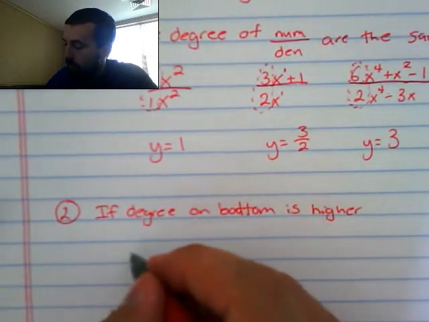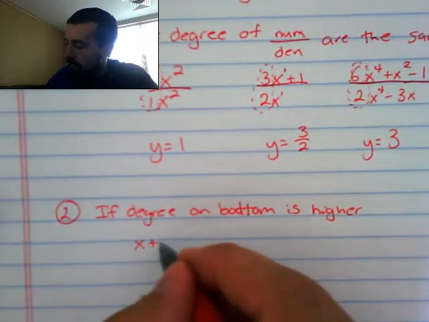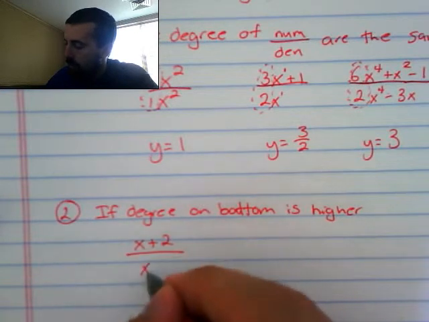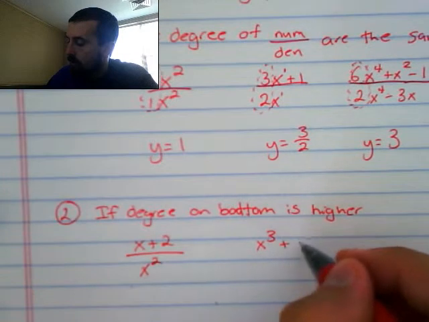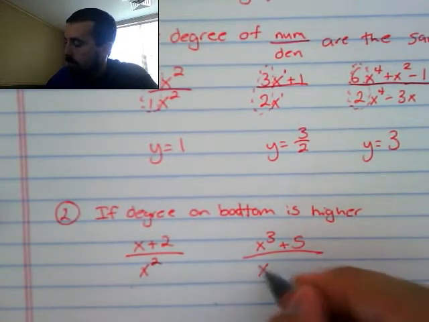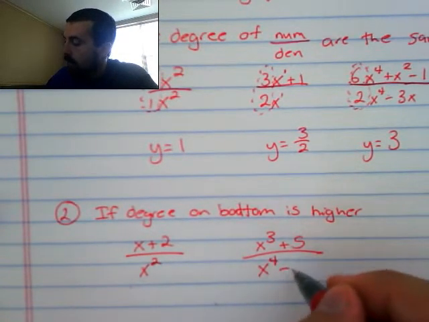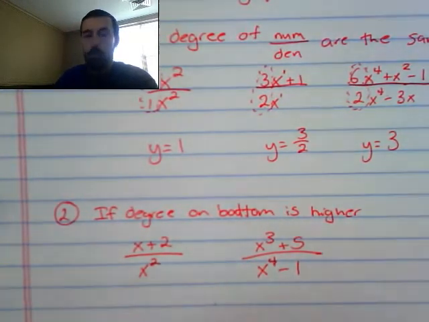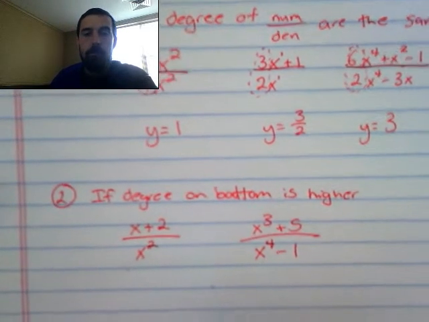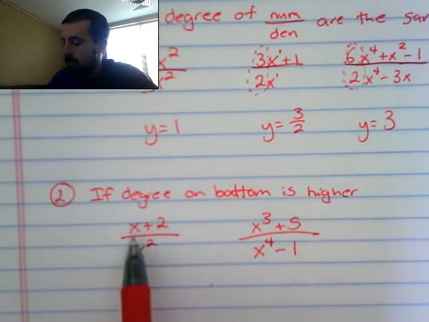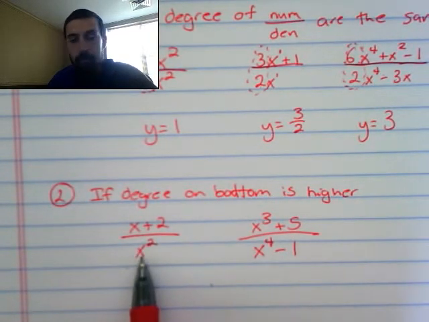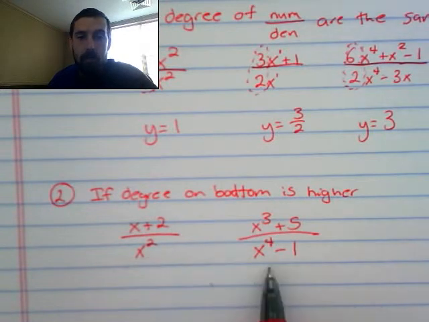Let's see some examples of that. x plus 2 over x squared, x to the 3rd plus 5 over x to the 4th minus 1. Those are 2 great examples right there. The degree on the top here is 1, the degree on the bottom here is 2, so the one on the bottom is higher. Over here you can notice that the degree on the bottom is higher.